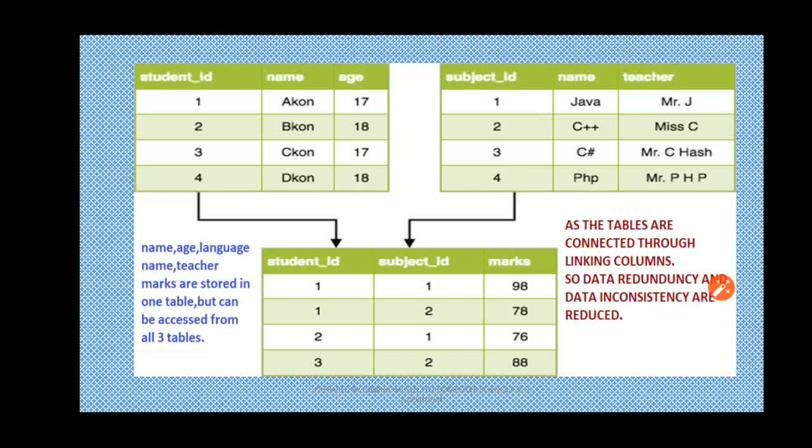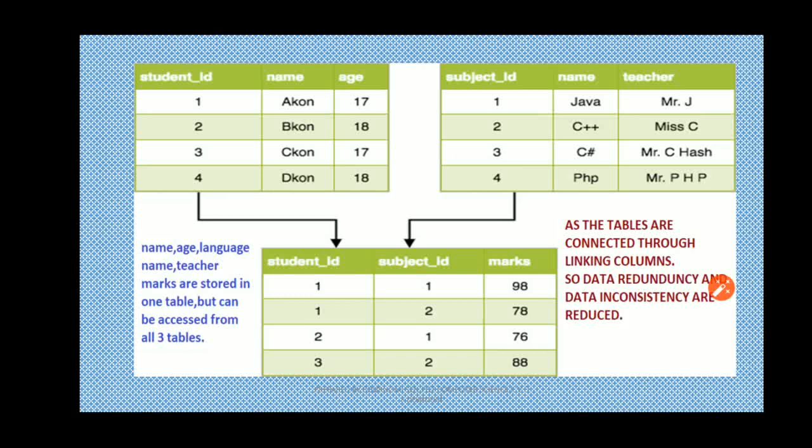So what are we basically doing? We are connecting these three tables with the help of DBMS. In this case, though only name, age and student ID are available in the first table, we can also retrieve information of the teacher and the name of the subject, because all these tables are interlinked.